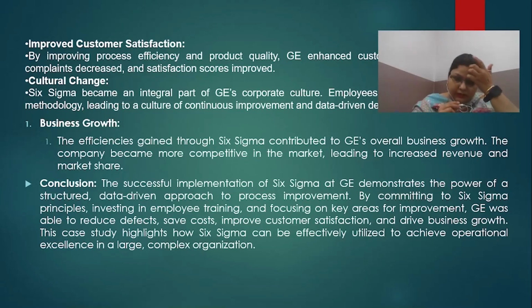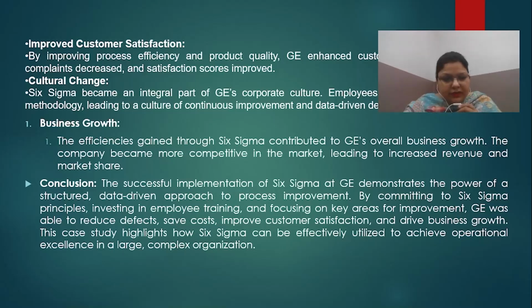So, at last, the conclusion of this case study is that the successful implementation of Six Sigma at General Electric demonstrated the power of a structured, data driven approach to process improvement. By committing to Six Sigma principles, investing in employee training, and focusing on key areas for improvement, General Electric was able to reduce defects, save costs, improve customer satisfaction, and drive business growth.